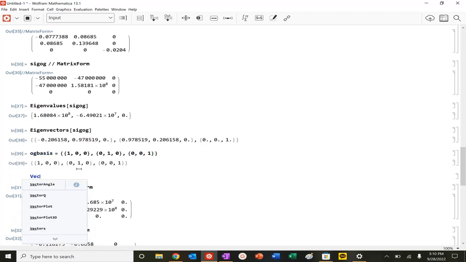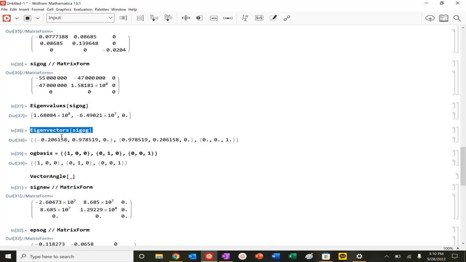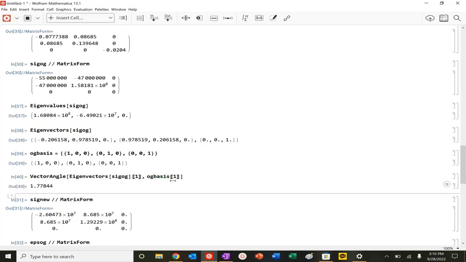So I can look at the vector angle between this one here and my OG basis, and then we need to multiply that by 180 divided by pi. So we see that angle here.